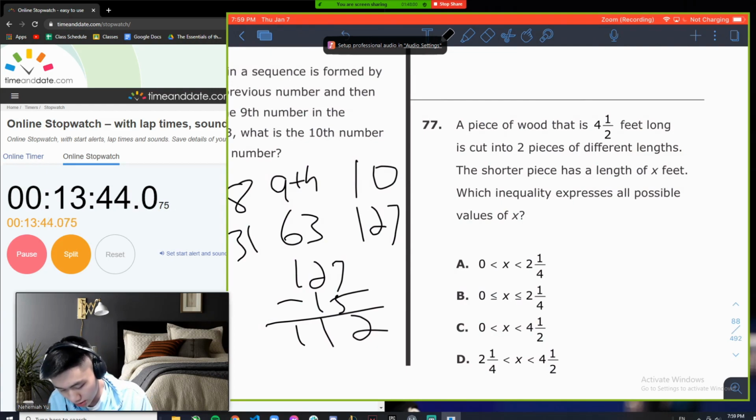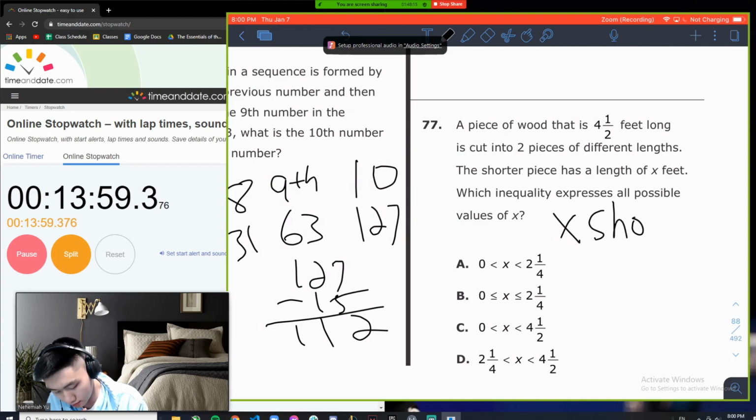4.5 feet long, 2 pieces of different length, circularly. Well, x is shorter, right?